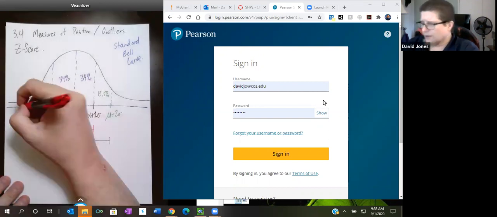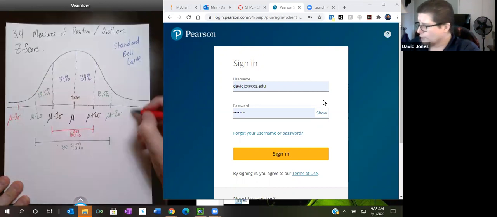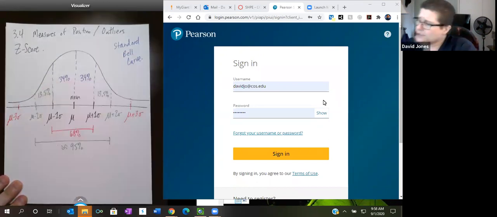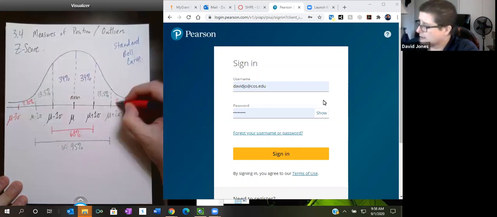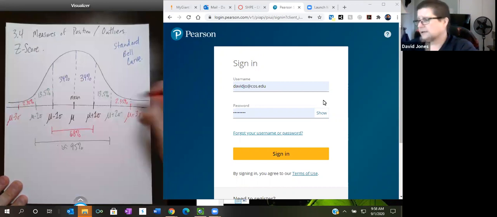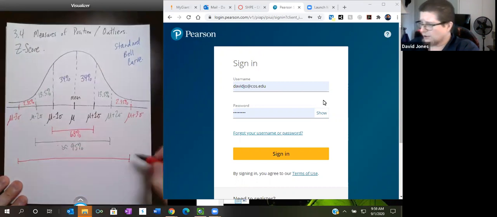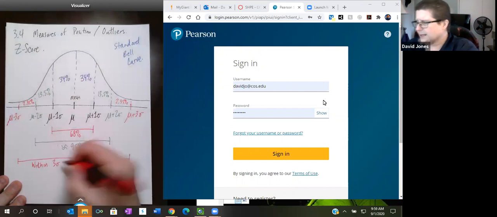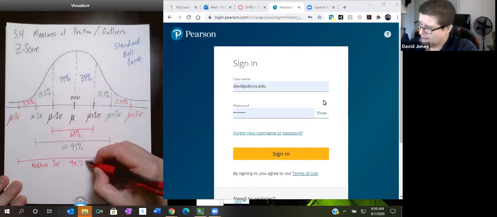And if I go out a third deviation, mu minus 3 sigma or mu plus 3 sigma, these little regions each have 2.35% of the data in it. And that makes this region right here, within 3 deviations, or within 3 sigma, 99.7% of the data.